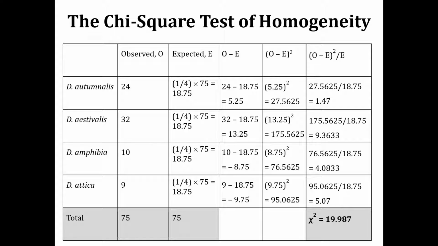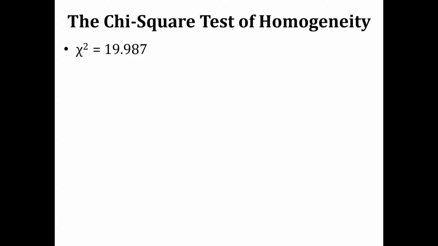And now we have to take the sum of these values, 1.47 plus 9.3633 plus 4.0833 plus 5.07, and our sum is 19.987. So this is the value of our chi-square. This is our calculated value. Now our calculated value is 19.987.